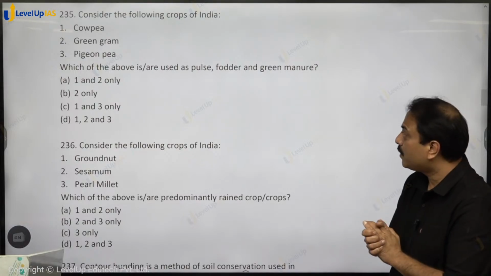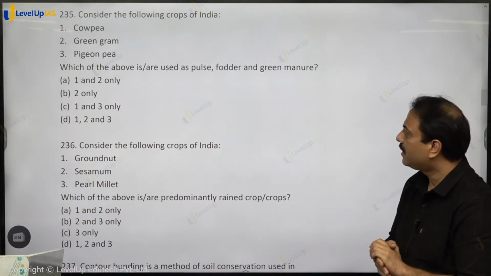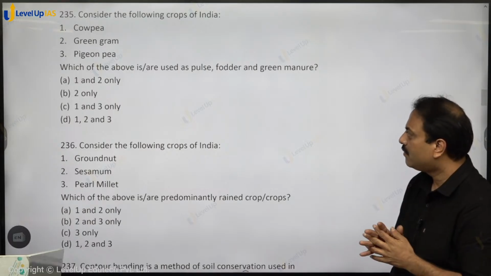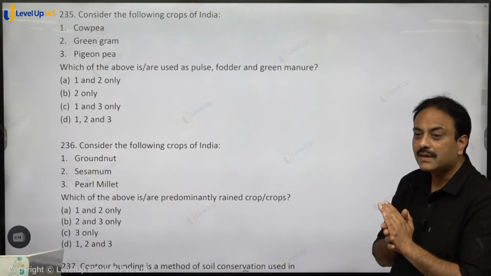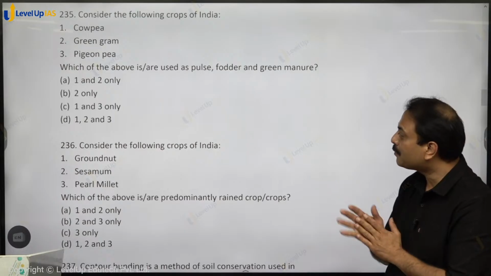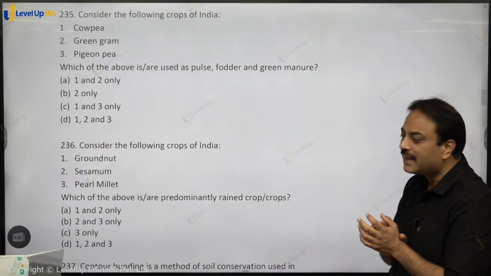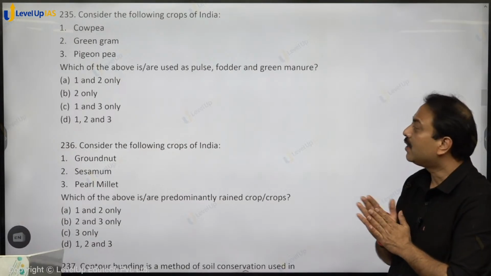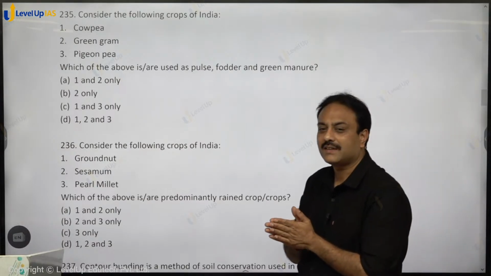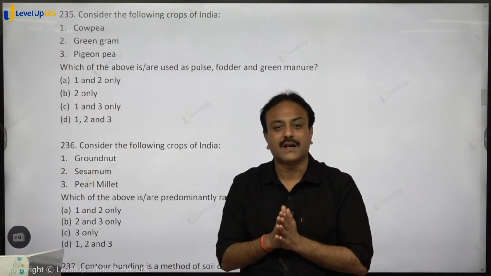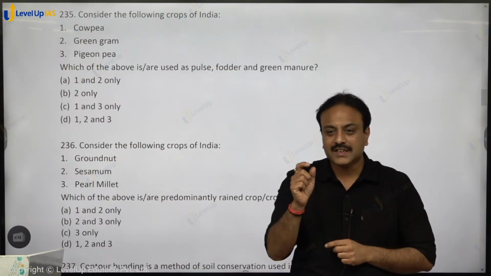So consider the following crops of India: cowpea, green gram, pigeon pea. What is cowpea? Lobia. It is used as a sprout.